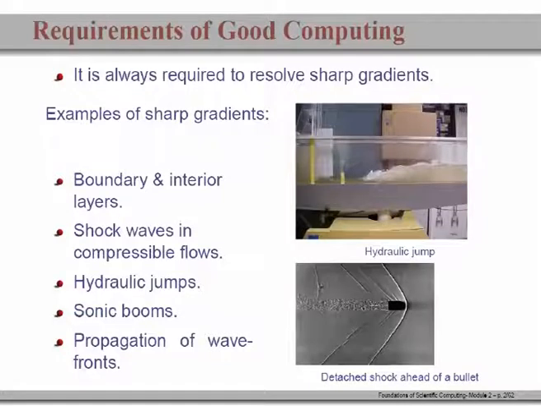What are the requirements of good classical computing? Well, the first and foremost is that when you look at the system behavior, the property as given by functions usually has sharp gradients. So, we need to resolve those sharp gradients. Here are some examples taken from different branches of engineering or science, which you might recall.